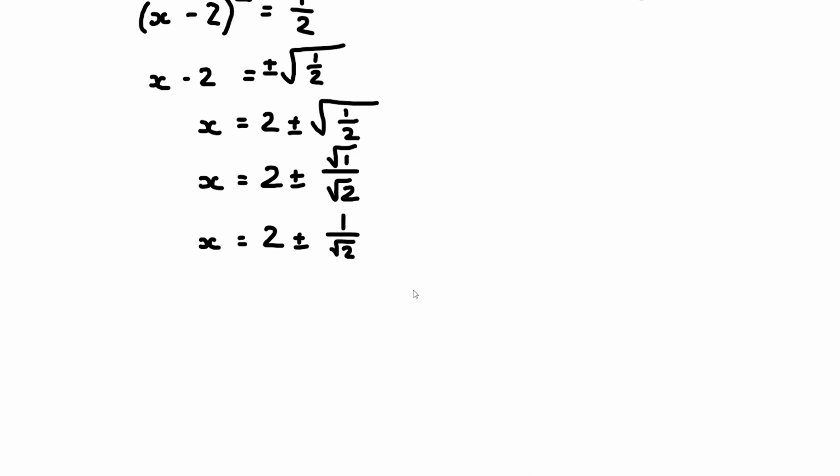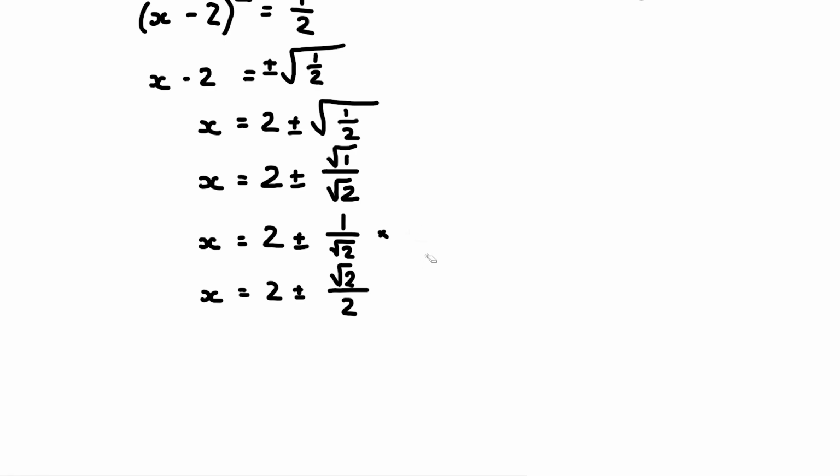If you want to go even further, you can rationalize the denominator, which again is something else we covered in the last chapter, but it's not exactly necessary. I mean, I'll do it anyways just because. We're basically just going to multiply by root 2 over root 2, which will give us root 2 over 2, right?